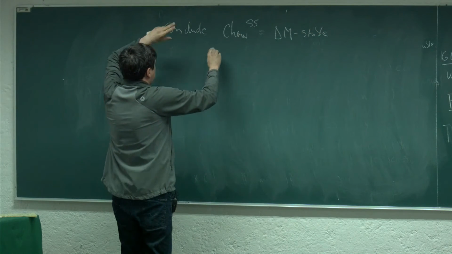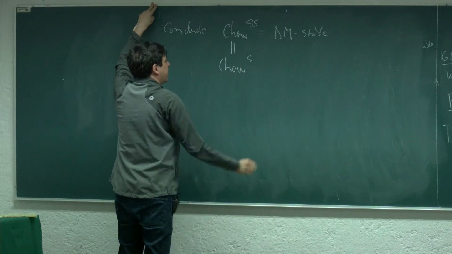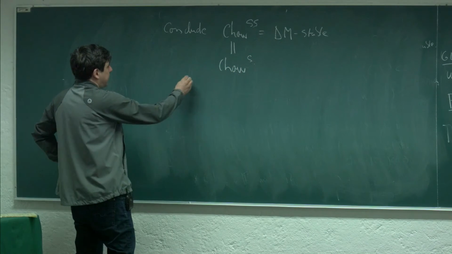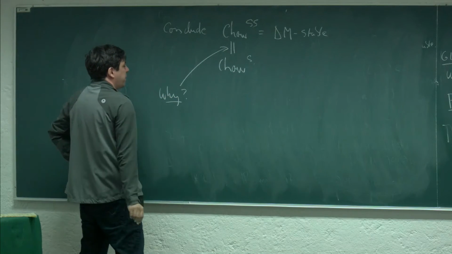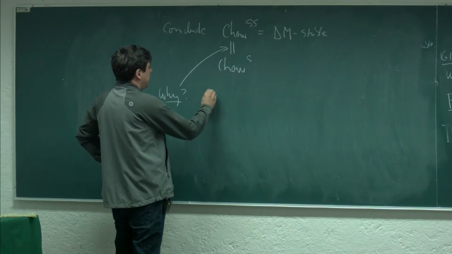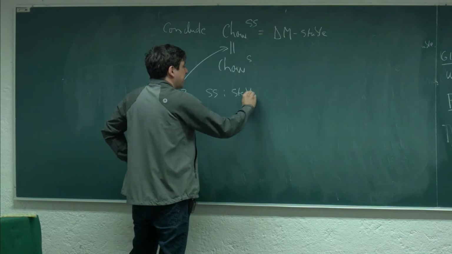And now what I conclude is that this is actually the same thing as Chow stable. Why is that? Because I know that semi-stable is the same thing as stable curve.